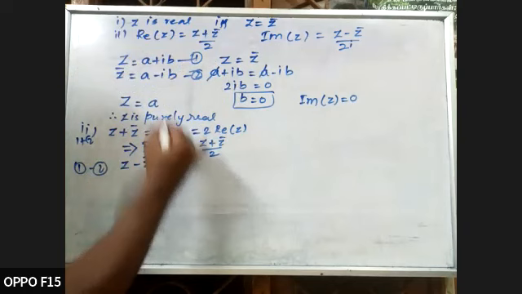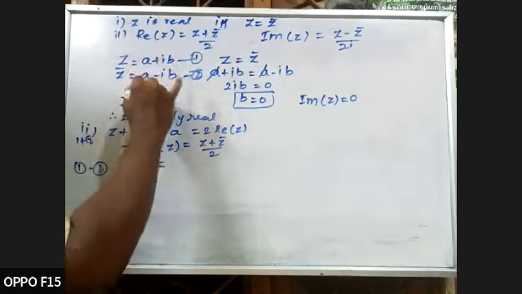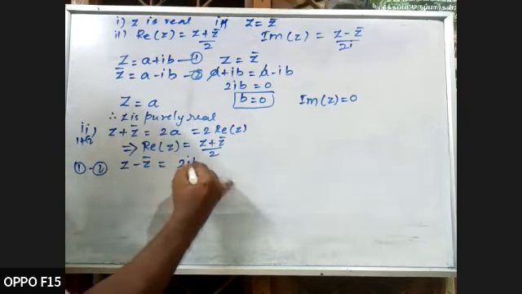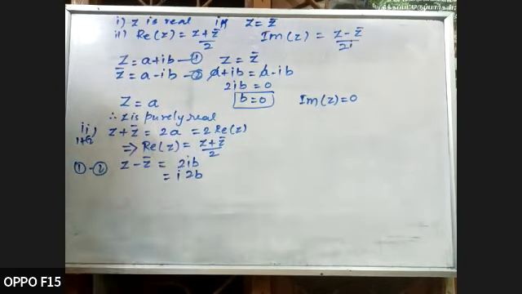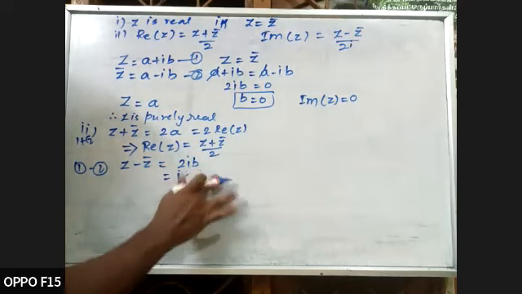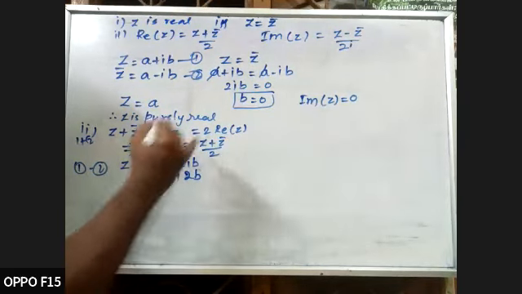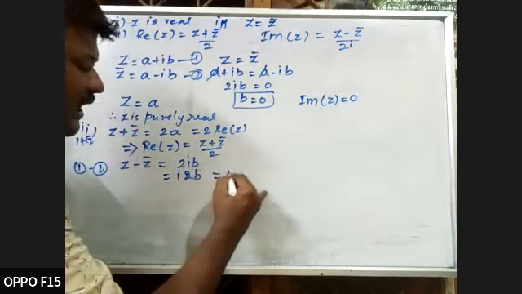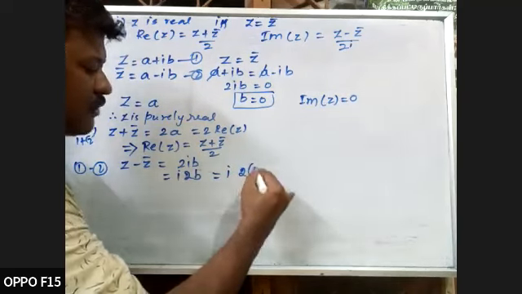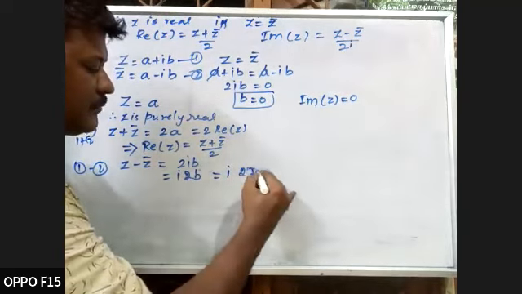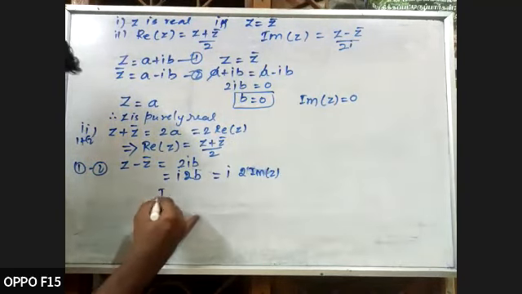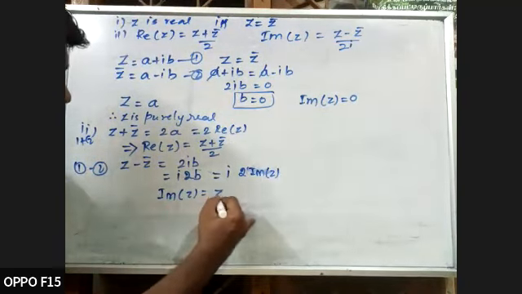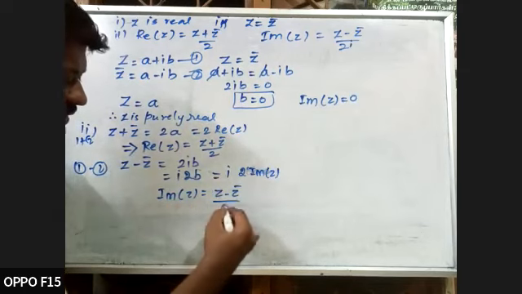A minus a cancels, ib minus of minus becomes plus, 2ib. Otherwise, you can write this as i into 2b, that is i into 2 times the imaginary part of Z. We want imaginary part of Z is equal to Z minus Z conjugate divided by 2i.